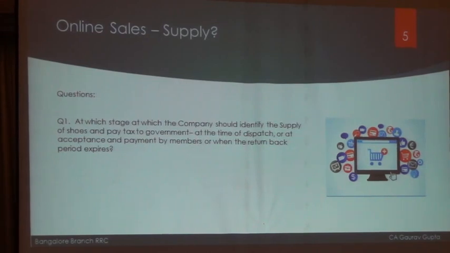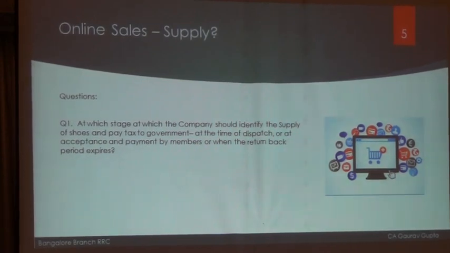So my humble view on the topic is, we are dealing with the word supply. There was an offer in terms of that television advertisement which I showed. There was an acceptance in the form of a call which the customer has given to me.